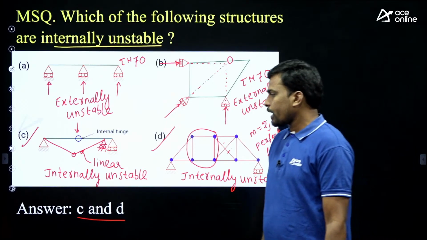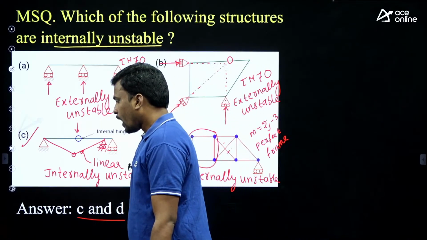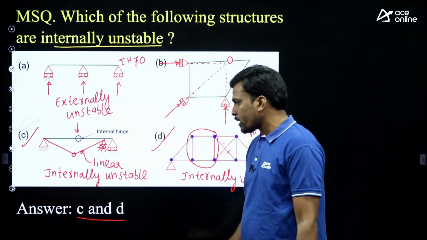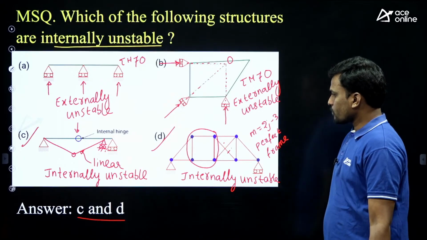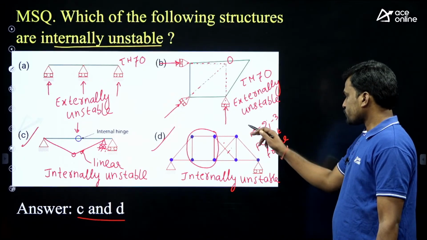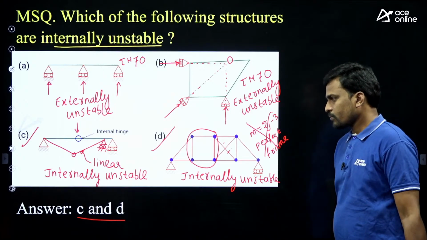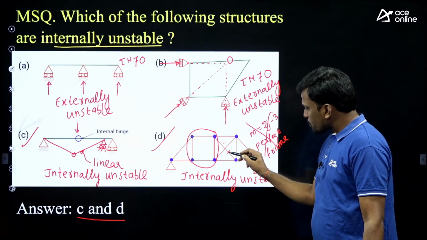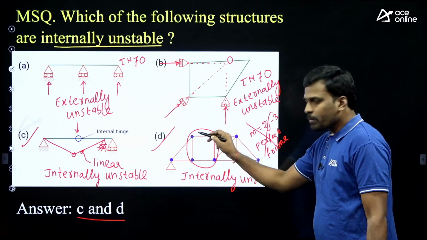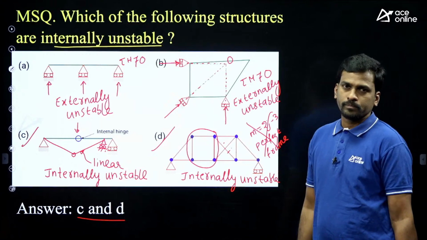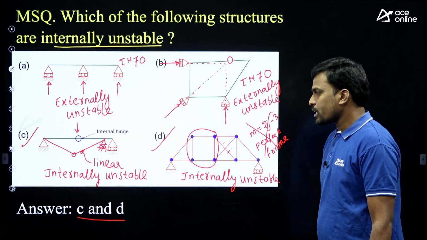Is it clear? If we provide this member here, then it becomes a stable, perfect frame. But this is unstable.